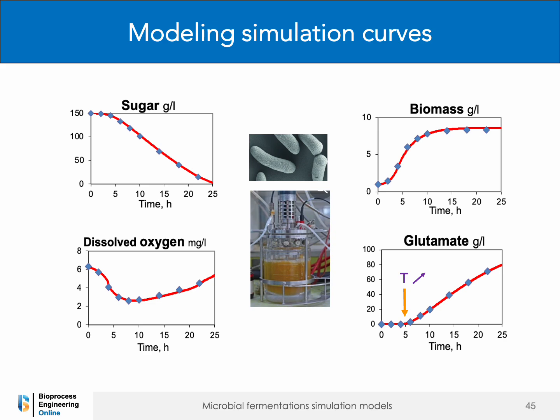The model successfully captures the initial lag phase, the rapid growth phase, and, following the temperature shift, the cessation of cell growth, accompanied by a progressive increase in glutamate concentration. It also correctly predicts the steady decrease in sugar concentration and the characteristic pattern of dissolved oxygen, which drops during rapid growth and rises again during the production phase.